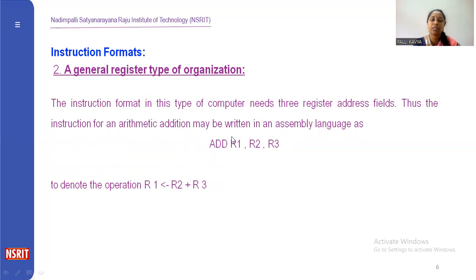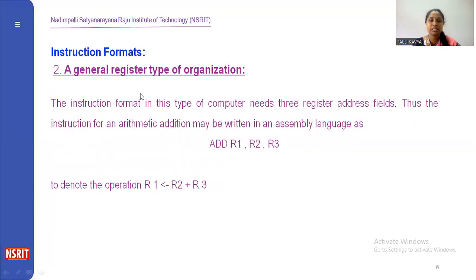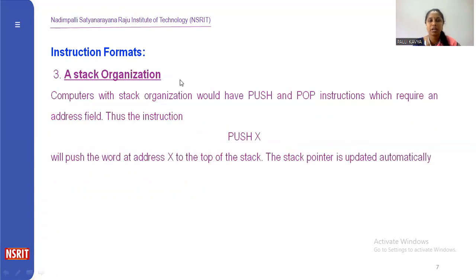This is the operation field, which says which type of operation should be performed on these three registers. So this is the general register type of organization. Before, we saw the accumulator type organization, and this is the general register type of organization.